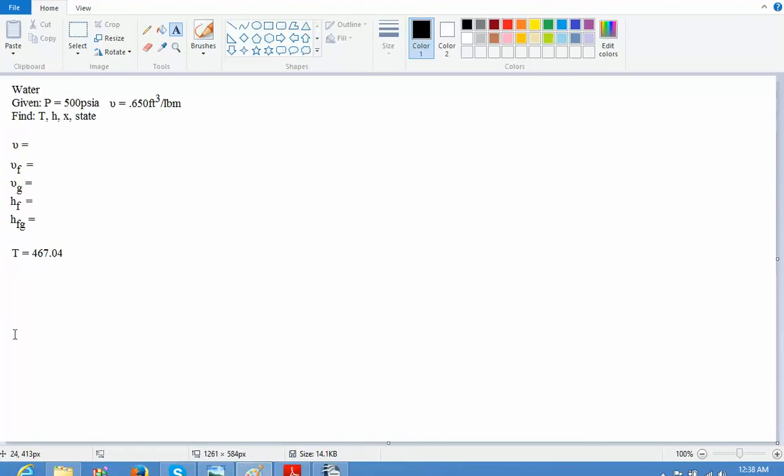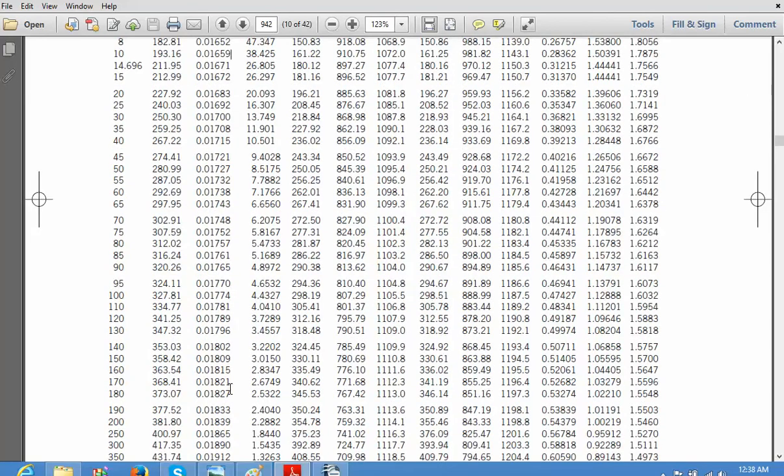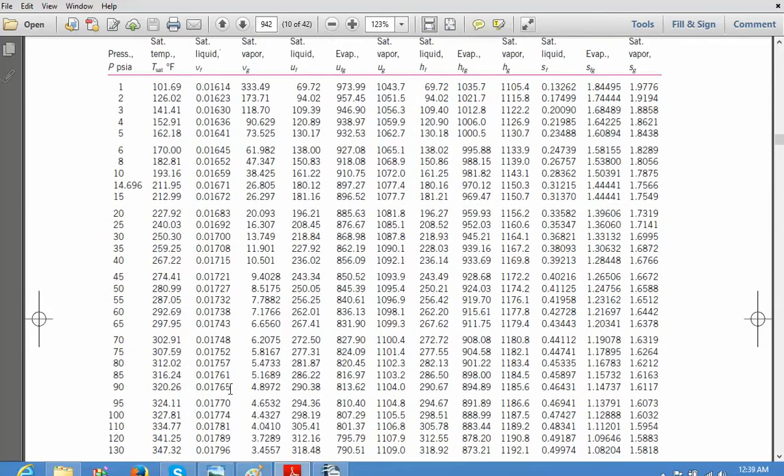Now the next thing we want to do is look at the specific volume for the liquid and the specific volume for the vapor portion, because we're assuming it's a saturated mixture, which means there's a liquid portion and a vapor portion. Let me zoom up a little bit to make sure I'm looking at the right thing.